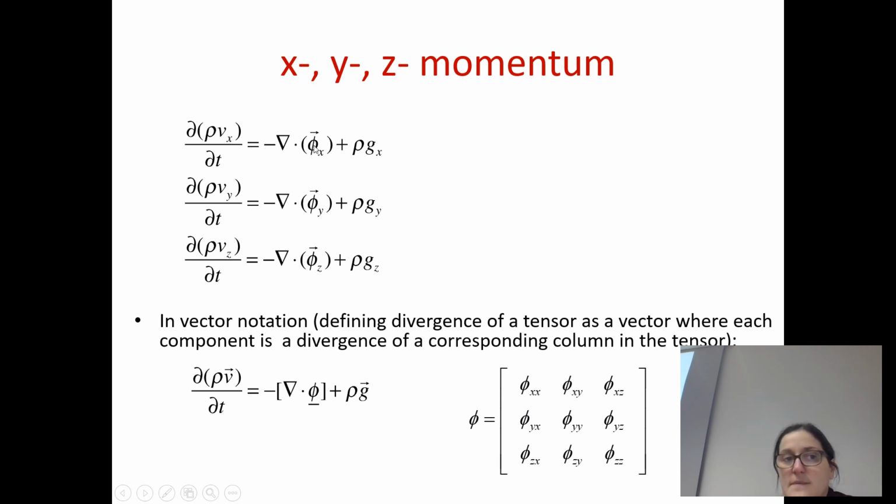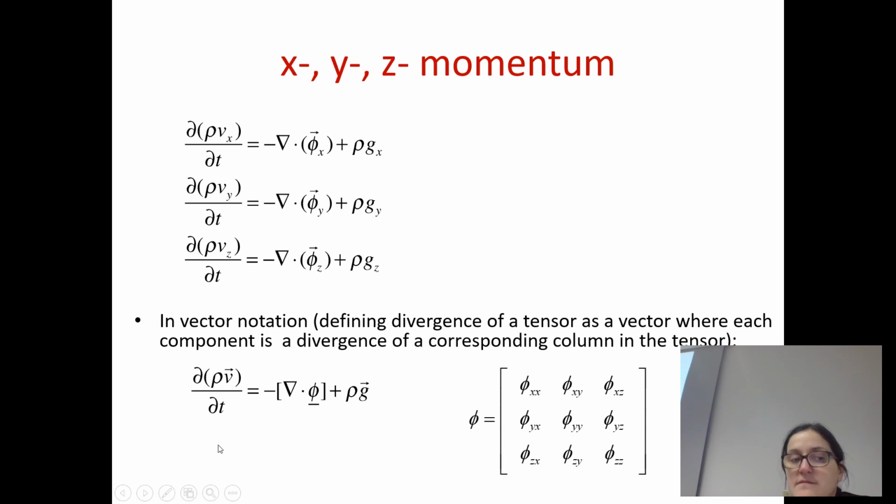The divergence of this column is going to be this, and the divergence of this column is going to be this. And then I get three coordinate components, and that's what I call the divergence of a tensor. This tensor, right? This was my phi x, this was my phi y, this was my phi z, as is. And this is just rho g. So this is a vector equation. And this is cryptic, but it was devised in order to make writing this shorter. So you write one equation, not three, when you need it.